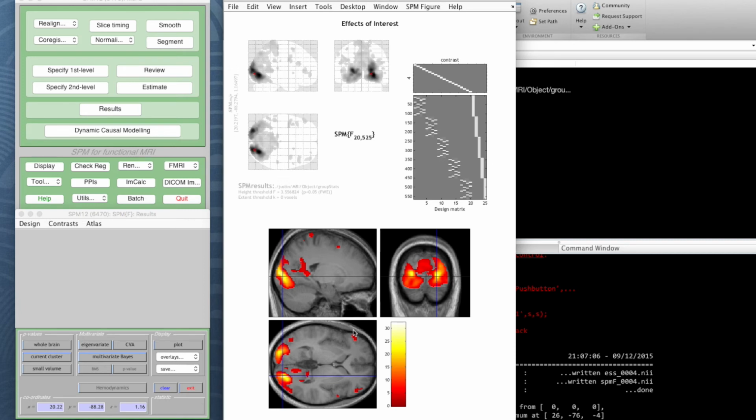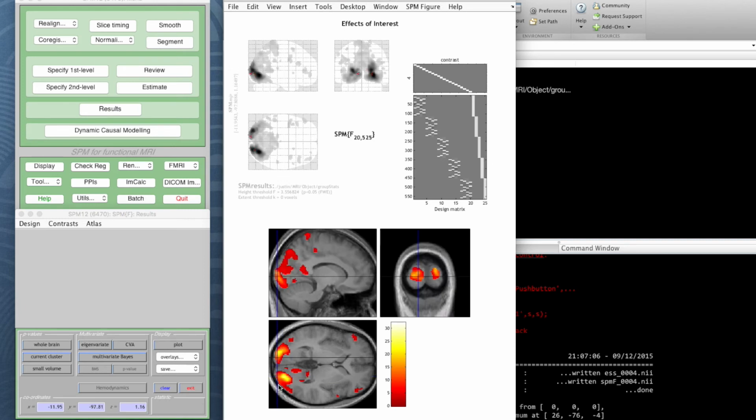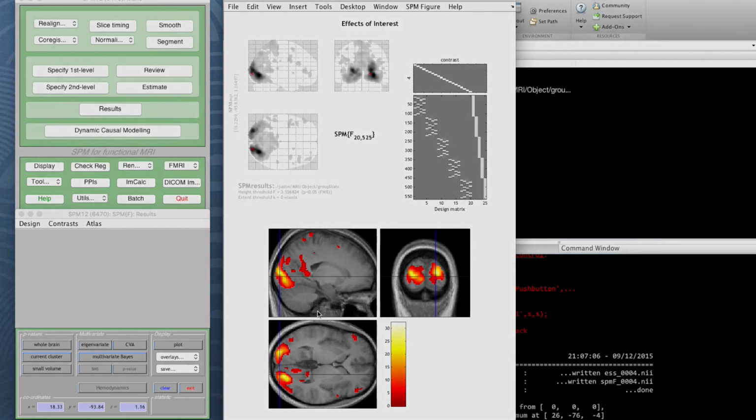So there's lots of occipital stuff showing through as well, so early visual areas which are excited by pretty much anything in the visual field. So that's what's called effects of interest. It used to come up as default in SPM. It doesn't anymore because it's not considered particularly helpful. You should really go in and look at your specific contrasts.